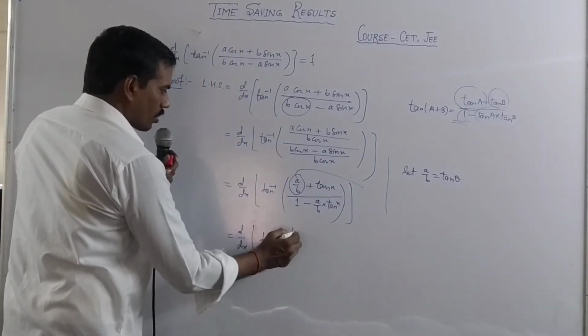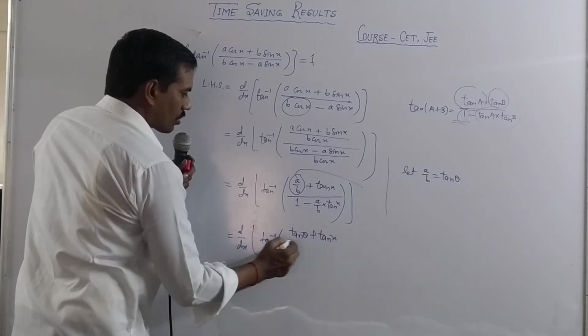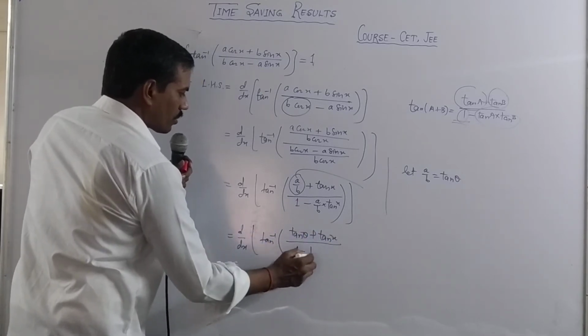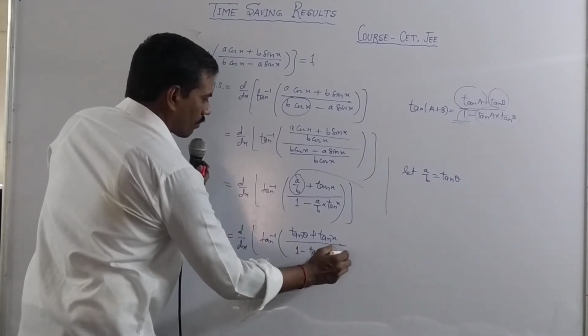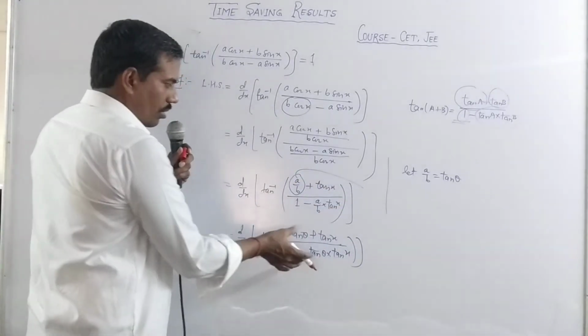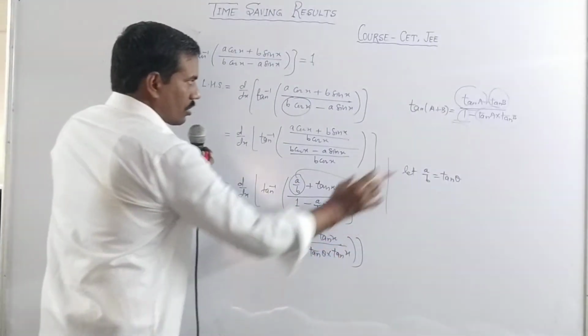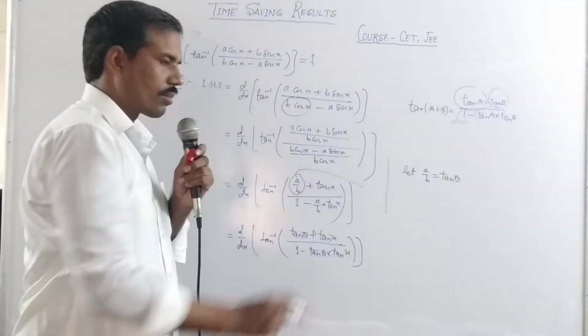Then this becomes tan theta plus tan x divided by 1 minus tan theta into tan x. Now this format is similar to that format, so we can apply that formula.